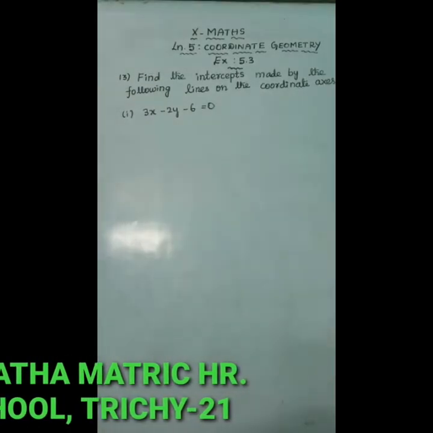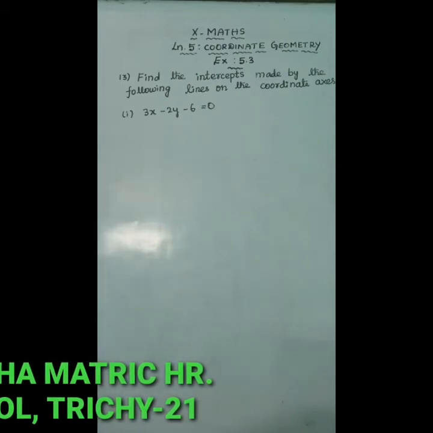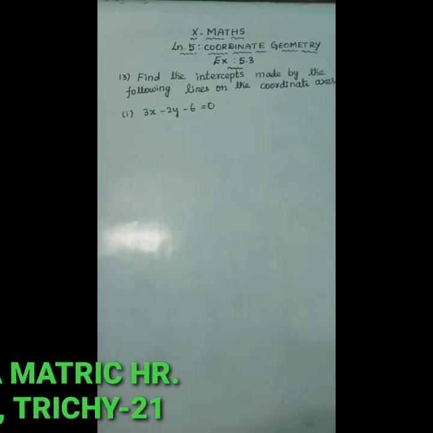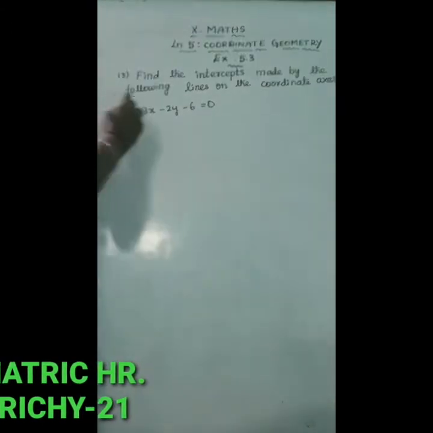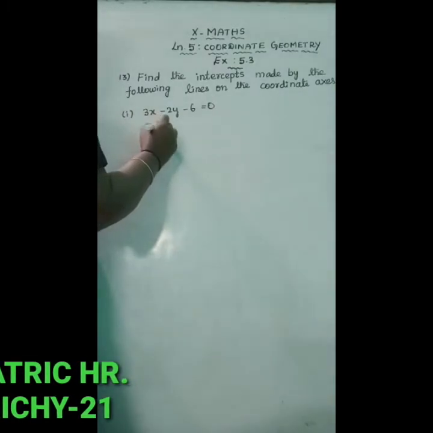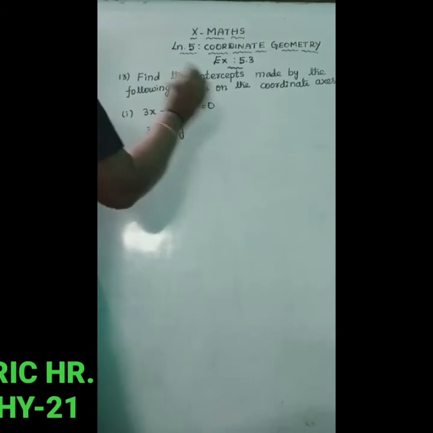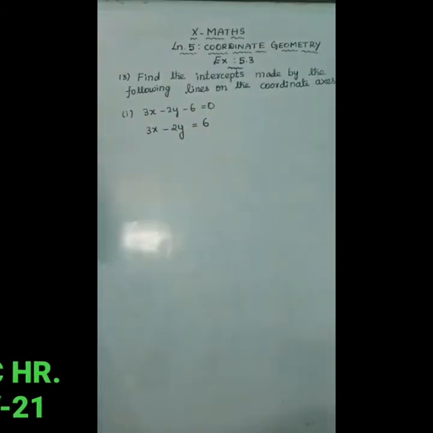So on the 13th one, find the intercepts made by the following lines on the coordinate axes. The equations of the lines are given, so we find the intercepts. So first we write the solution. The first line is 3x minus 2y minus 6 equal to 0. So the constant term is moved to the right hand side. We have plus 6.